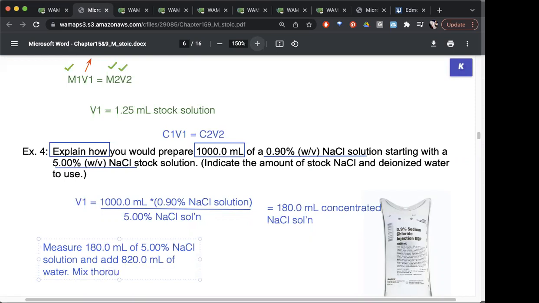Mix thoroughly. All right. So not so bad. Just use words. Explain just means words. What we would not do is add 180 milliliters to 1,000 milliliters because then we'd have too much volume. So that's the usual tricky part in dilution questions.